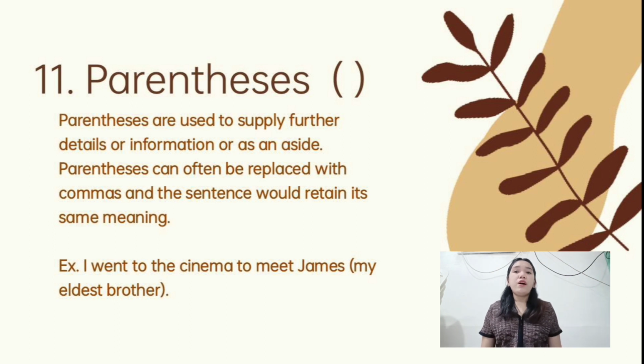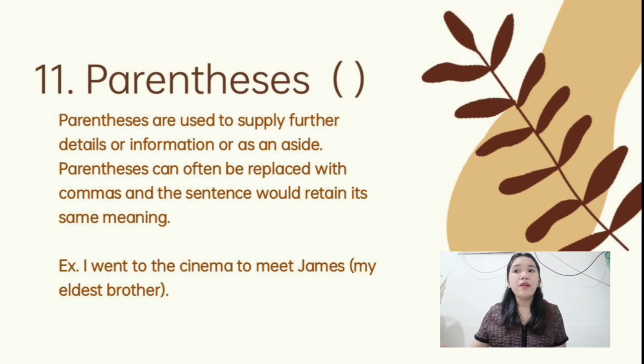So parentheses, we can actually use it for further details or information to clarify the text. For example, I went to the cinema to meet James. So the text used the comma, my eldest brother. So it means that the parenthesis is to supply further details or information.